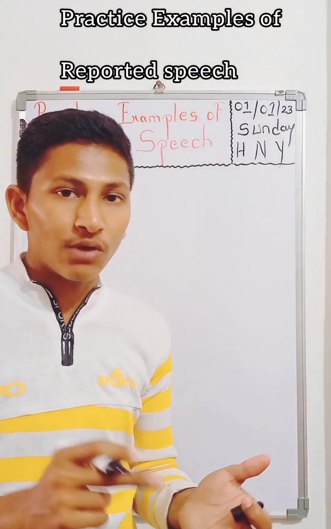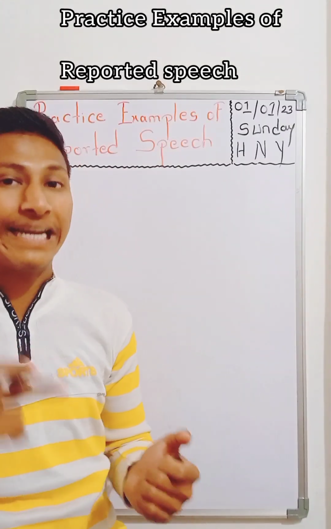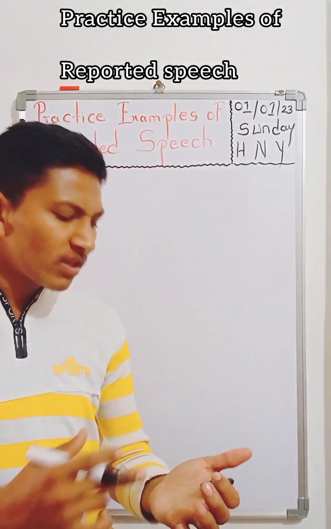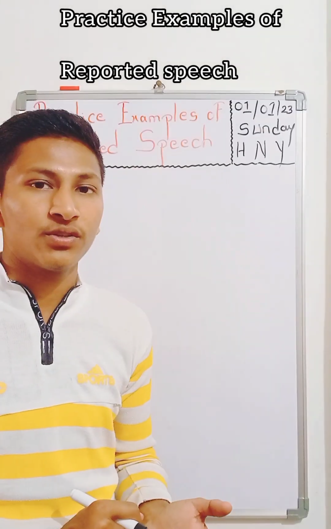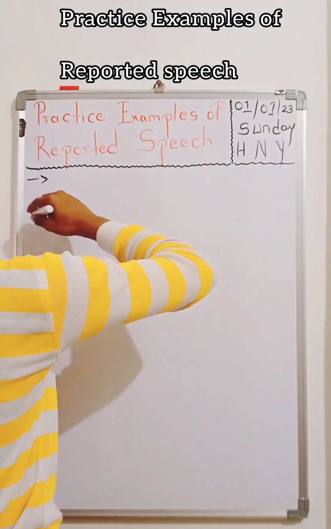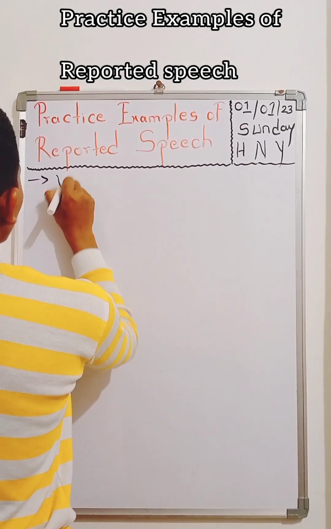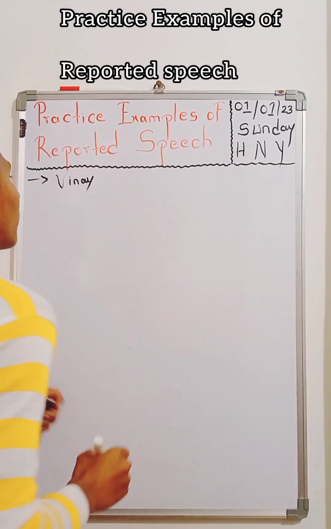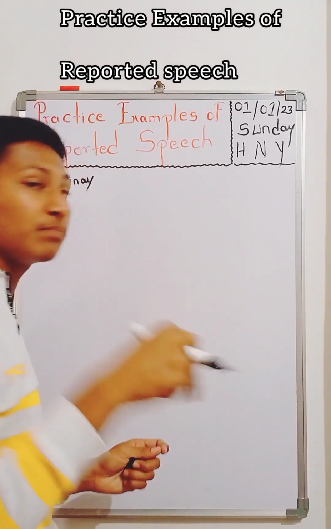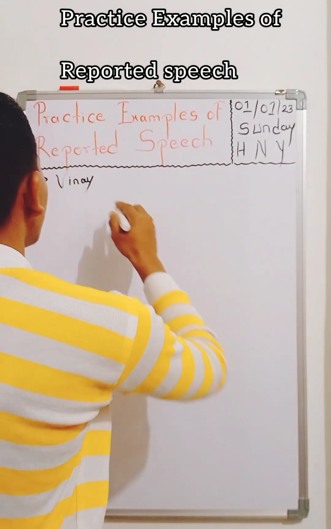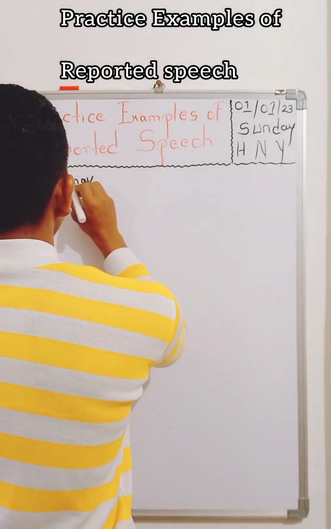Vinay said to Aditya, I am taking breakfast. Here I will transform that into indirect. You have to write at the very first the proper noun, the subject, Vinay, and then introduce the reported verb.